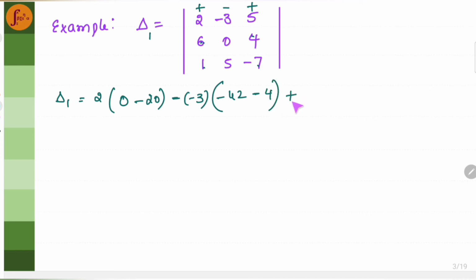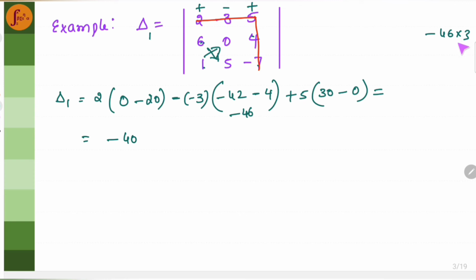Now the third element is 5. 5 into, if you strike out this row and this column, we have these elements. Now you cross multiply. 6 into 5 is 30, 0 into 1 is 0, minus 0. So we get the determinant as 2 into minus 20, which is minus 40, then minus 42 minus 4 is minus 46, minus 46 into 3.